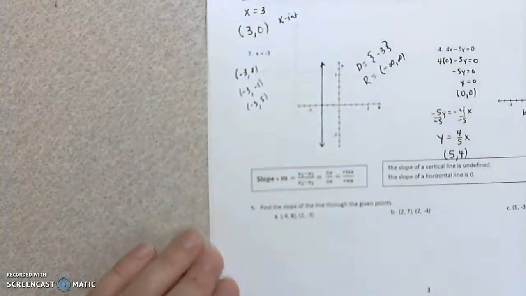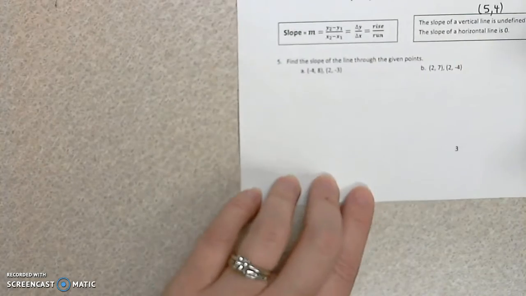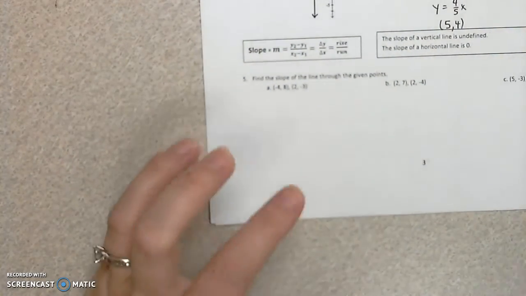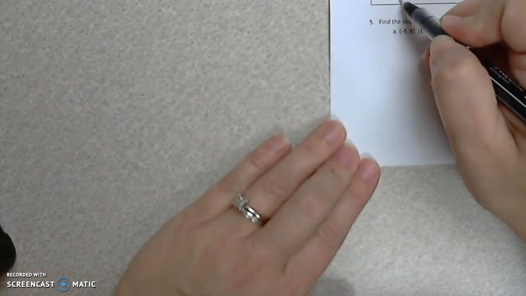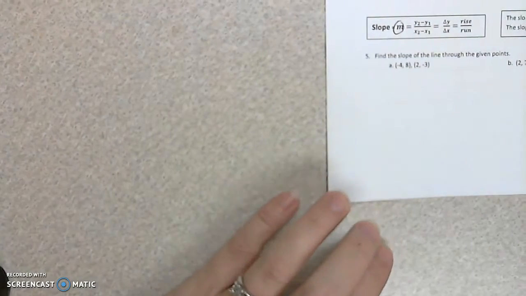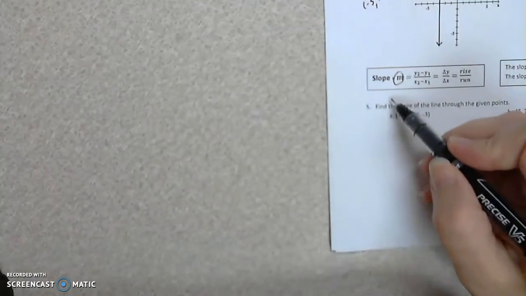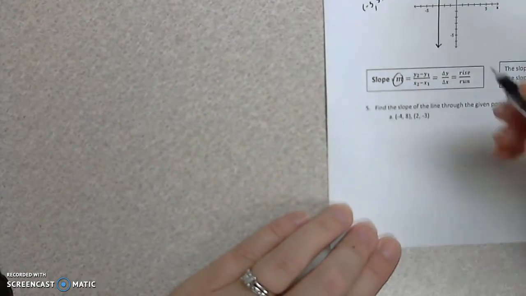Alright, let's take a minute to look at slope. You've probably all heard of slope. It's defined in a couple different ways. But anytime you see the letter M in an equation, it's referring to the slope. Slope can be found a couple different ways.